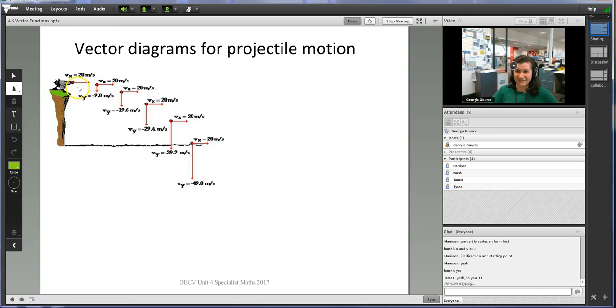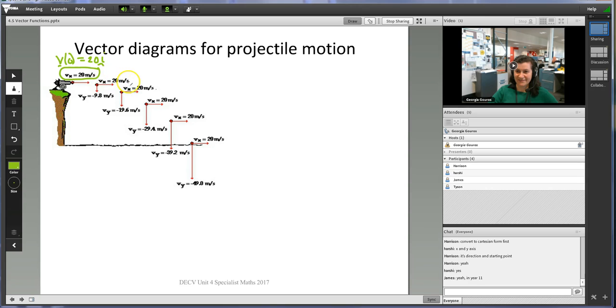Back to that cannonball. If we launch that cannonball with a horizontal velocity of 20 meters per second, the velocity is going to be 20i. That's the initial launching velocity of this particular cannonball. So what's going to happen?